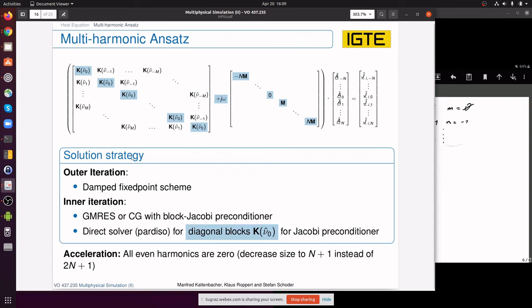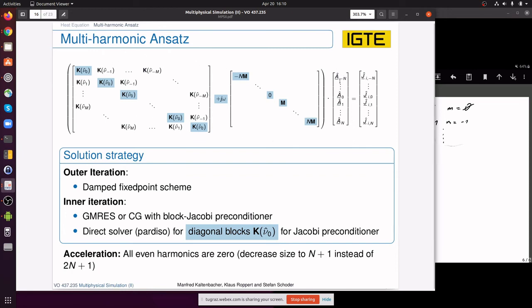And since inversions of a matrix in C are bad per se, we're using a direct solver to circumvent this inversion of the matrix, and for this behalf we're using Paradiso. The problem is, if we assume certain assumptions, we can decrease the size of this whole system dramatically.